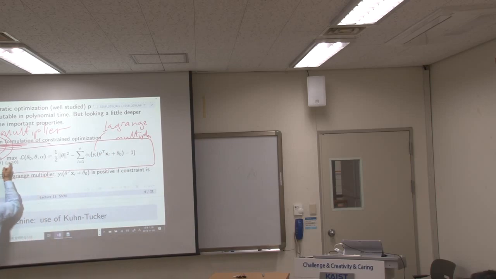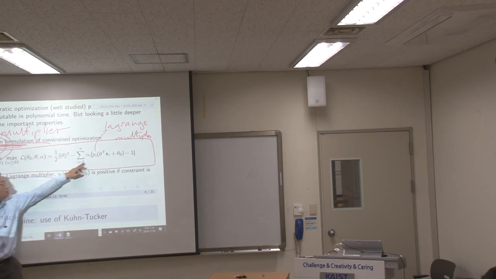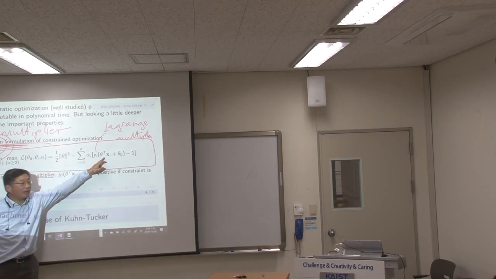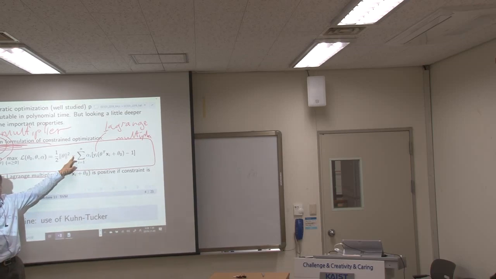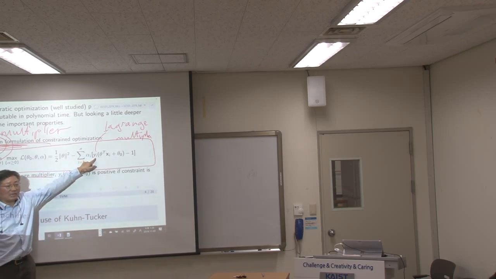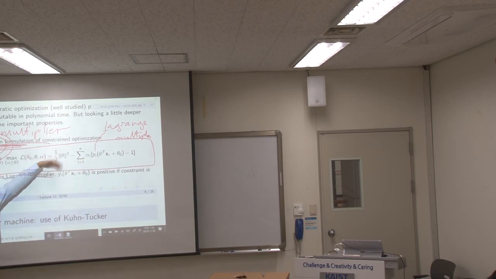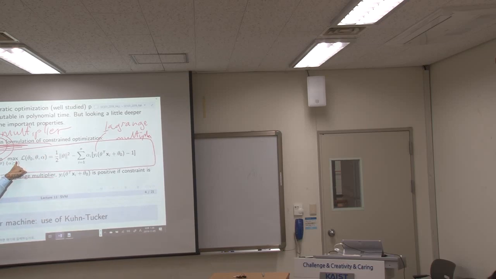What is this alpha going to do? It's trying to maximize this, but this is positive. It's because it's satisfied. And it's got a negative sign here. So this value is negative. Alpha wants to raise this value. So what is it going to do?